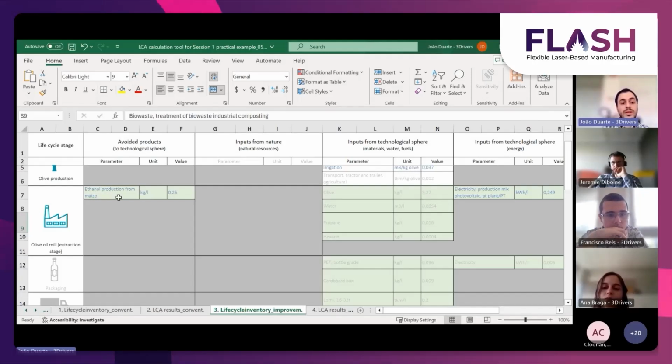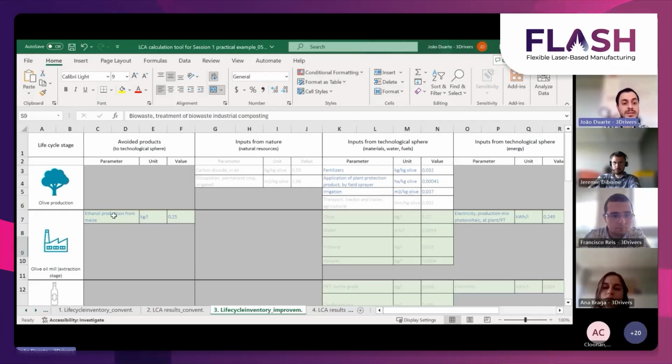And so now that amount of ethanol that can be produced using that byproduct doesn't need to be produced by normal raw materials that were extracted from nature, and we have avoided that impact, and so it's accounted here.